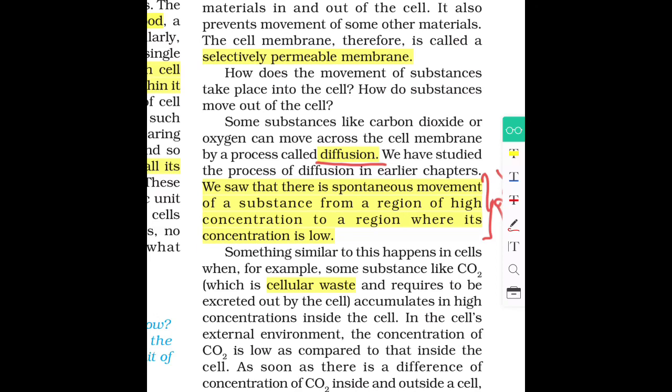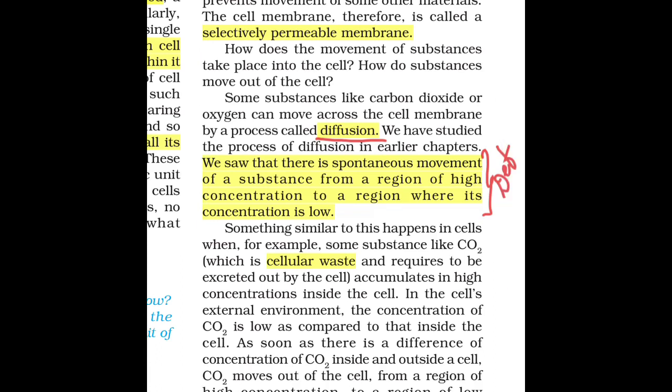It accumulates in a high concentration inside the cell. In the cell's external environment, the concentration of CO2 is low as compared to that inside the cell. As soon as there is a difference of concentration of CO2 inside and outside the cell, CO2 moves out of the cell from a region of higher concentration to a region of lower concentration outside the cell by the process of diffusion.